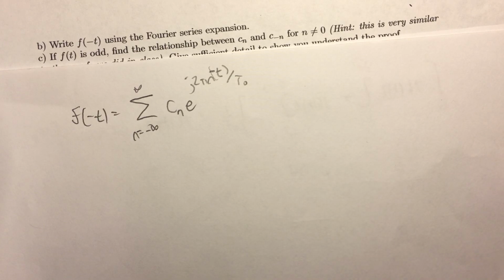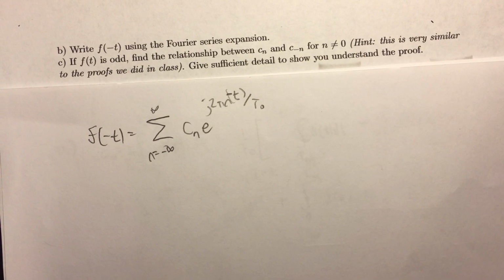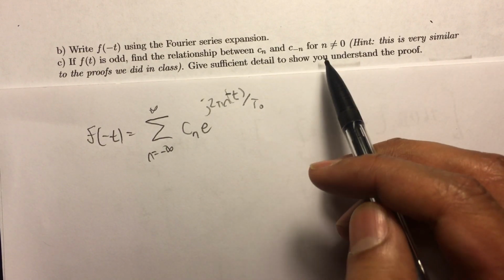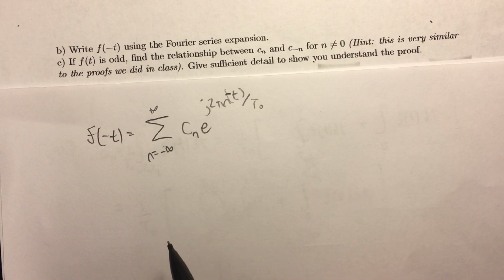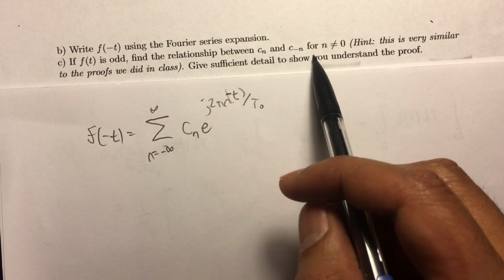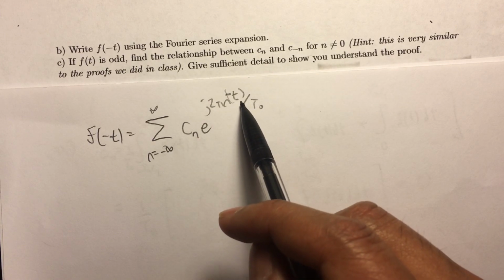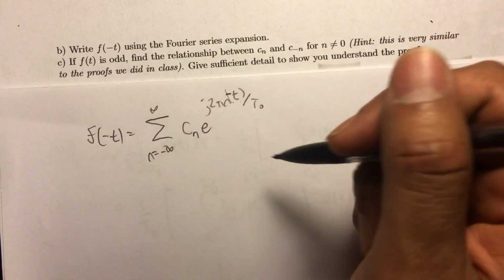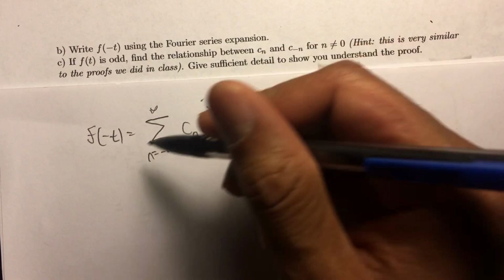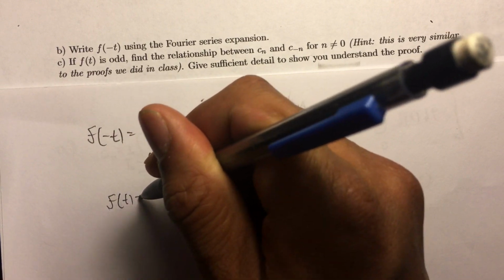Okay, and so the next one says if f of t is odd, find the relationship between these Fourier series coefficients Cn and C minus n. So the way we do this, or at least the way we suggested we do this, is we use the fact that the function is odd.